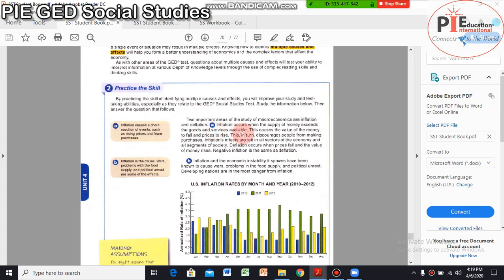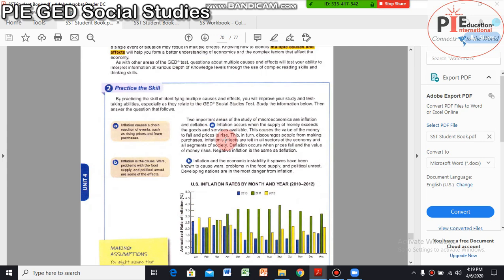Inflation occurs if the supply of money exceeds the goods available. Look at this very carefully. What does the supply of money mean? The amount of money, the running circle of money. It exceeds the goods and services that are available.